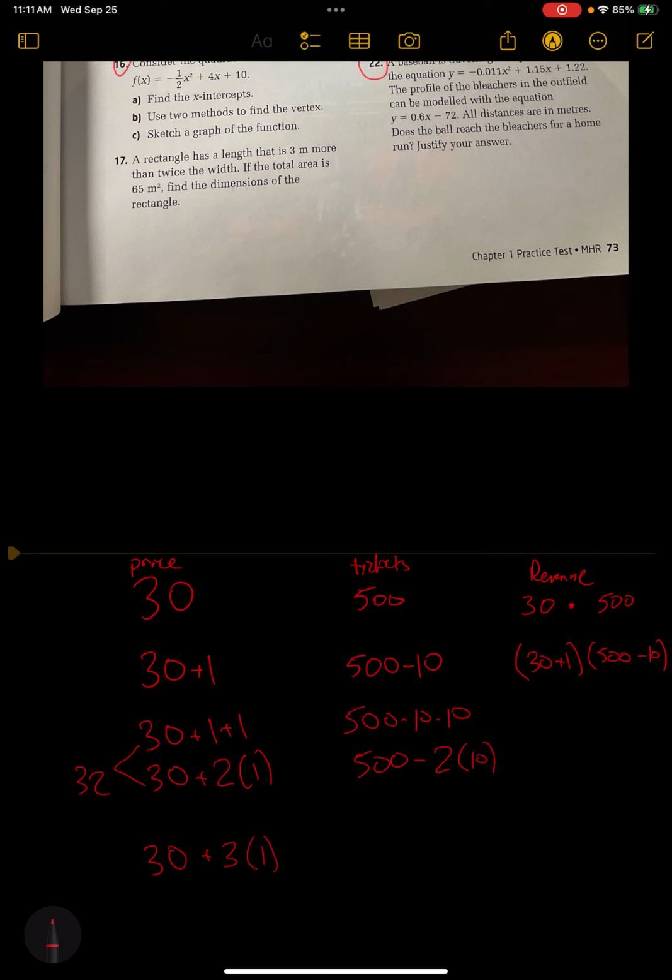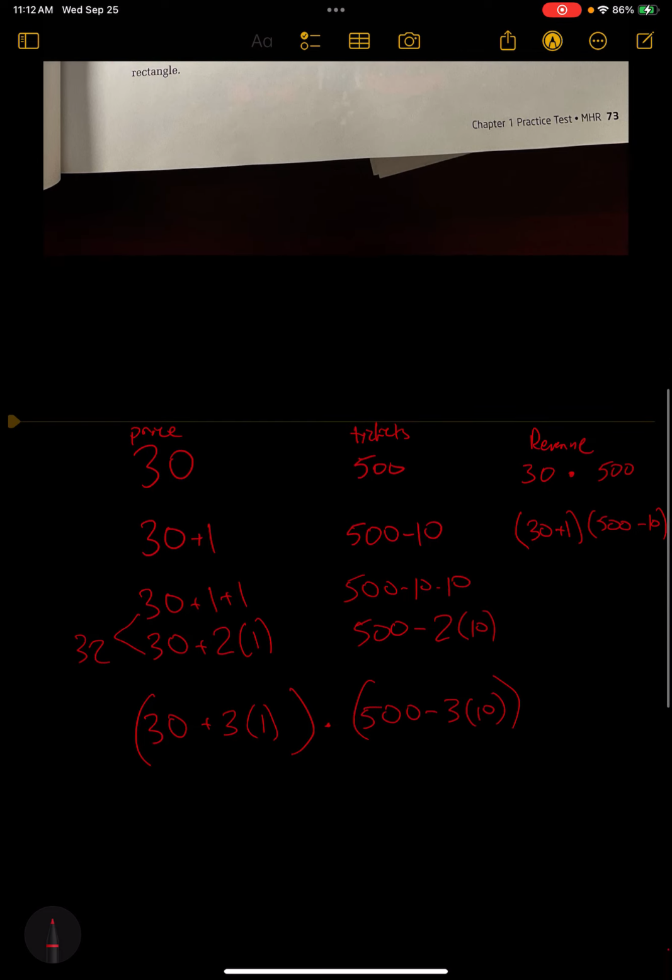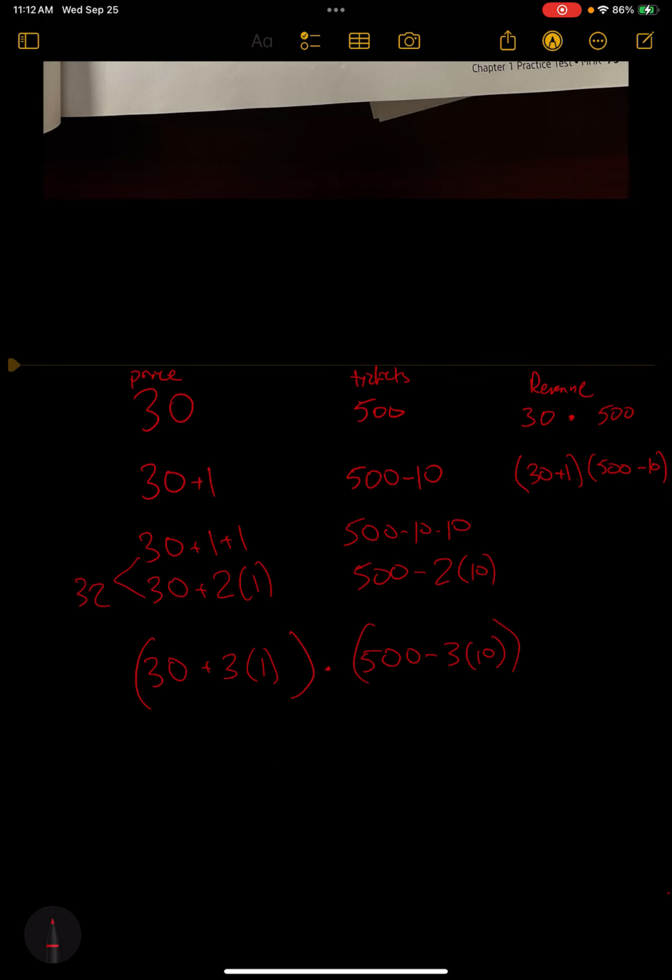So I'll increase it by $1 three times, and this will decrease by $10 three times. And of course my revenue would be this times this. Anyway, the whole point of this is to develop a pattern.